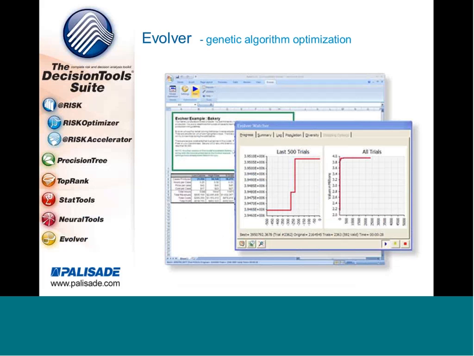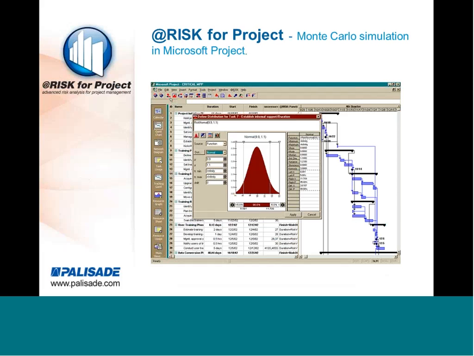And Evolver is another optimization tool that we offer, but it's a deterministic tool. We don't add in the Monte Carlo simulation. It just does the genetic algorithm optimization, but still provides a more global solution than you would find with Solver. And finally, we offer a program called @RISK for Project. All of our other tools are add-ins for Excel, but @RISK for Project is an add-in to Microsoft Project, allowing you to add uncertainty into your project schedule.